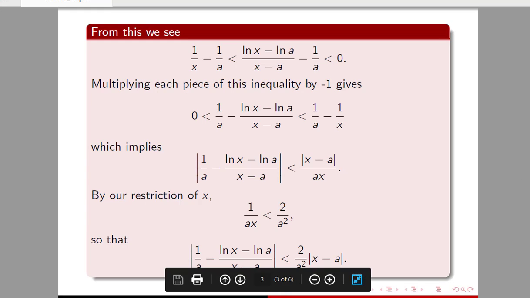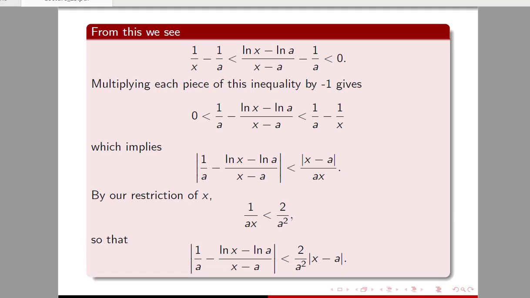I can then substitute that into our inequality above and get that the absolute value of 1 over a minus the natural log of x minus natural log of a over x minus a is less than 2 over a squared times x minus a. And so this is under the assumption that x is bigger than a.